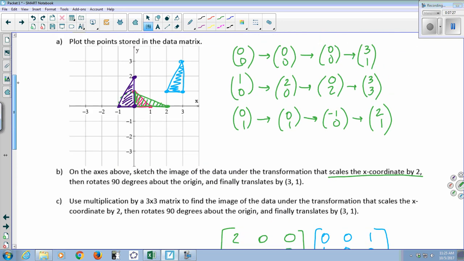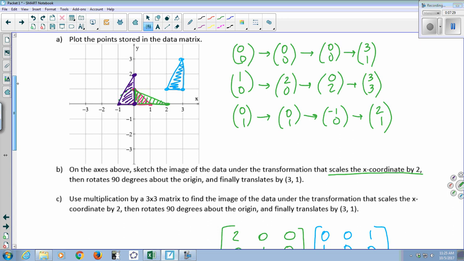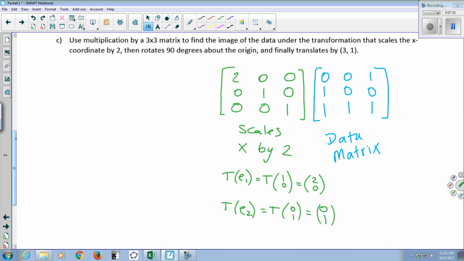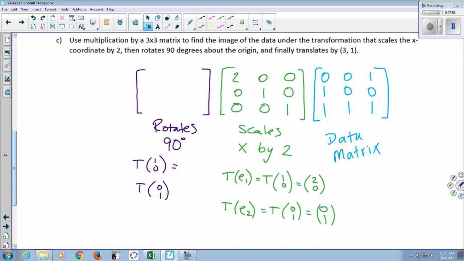All right, so my next one is the purple. That's the rotate 90 degrees. My next matrix is my rotation 90 degrees about the origin. So I just need to know, where does 1, 0 go and where does 0, 1 go?